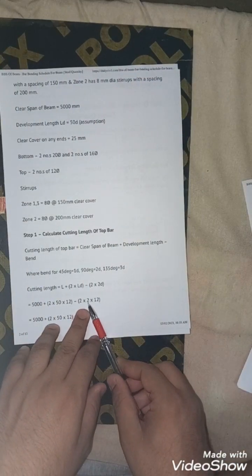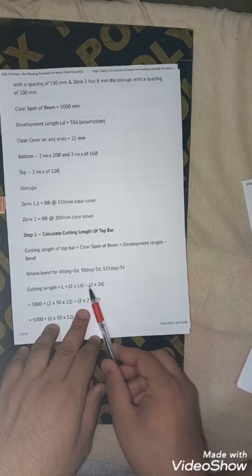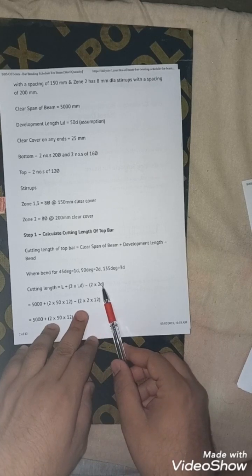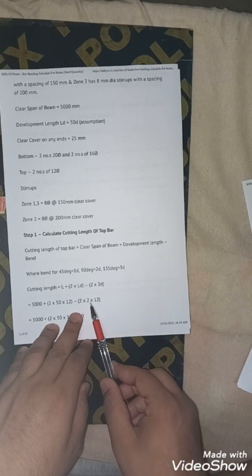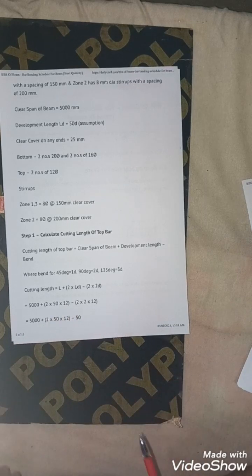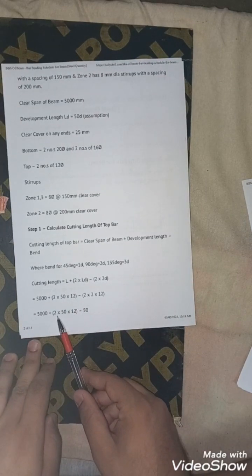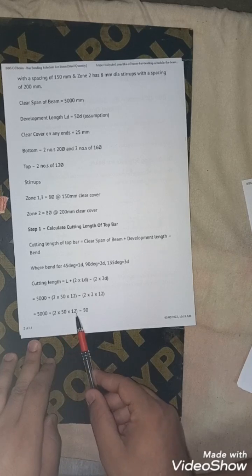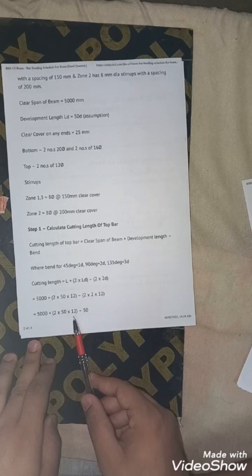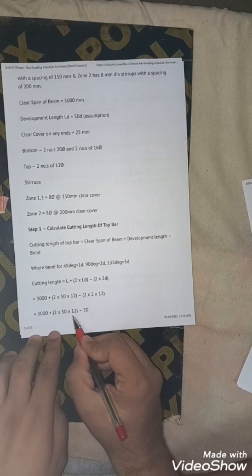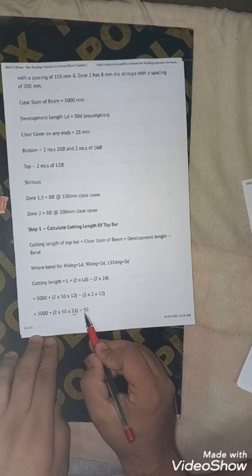That means I will put 2 into 2D, and the D value is 12. So 2 into 2 into 12. So now we have the value: 5000 plus 2 into 50 into 12, where 12 is D, the diameter of the bar, minus 2 into 2 into 12. Now we are getting the answer.